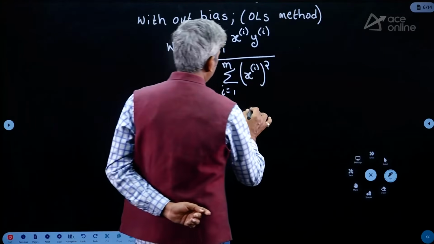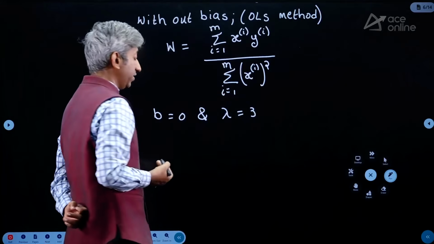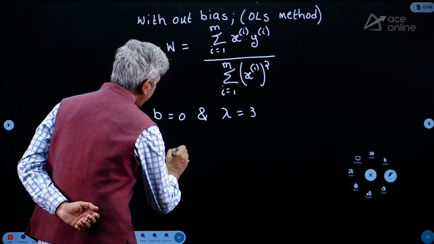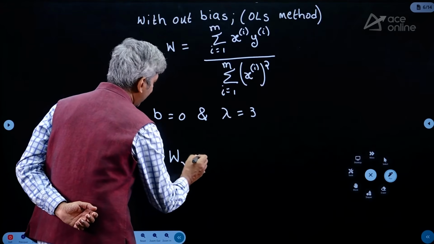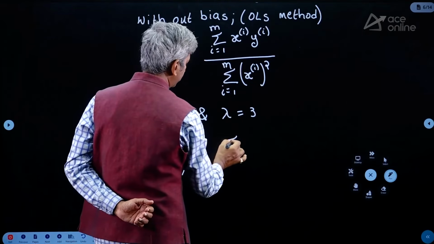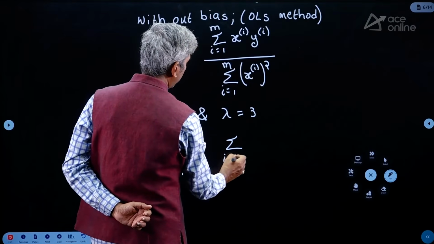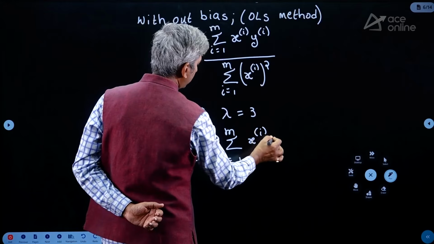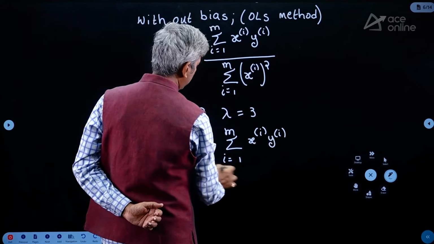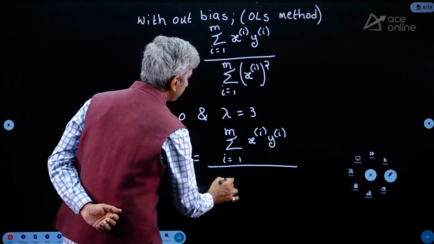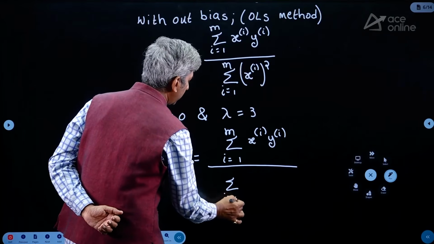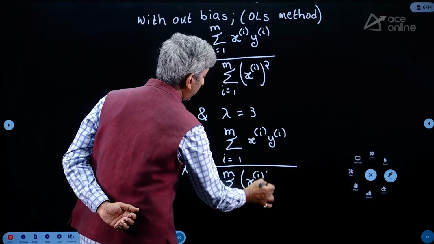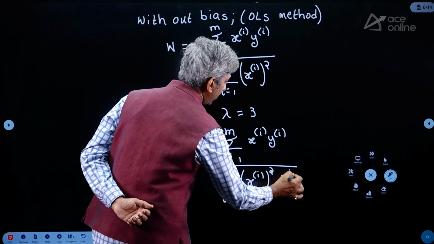So under that ridge regression scenario, your weight w is given by the same expression, that is summation i equal to 1 to m of xi multiplied with yi divided by summation i equal to 1 to m of xi whole square plus lambda.